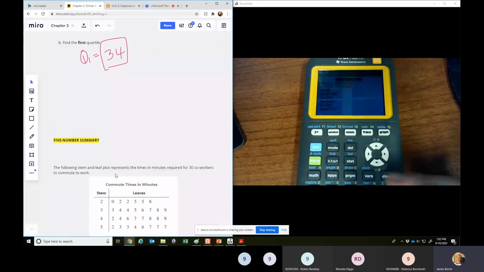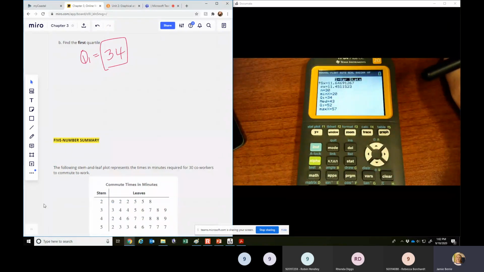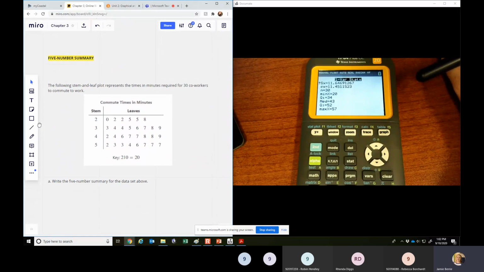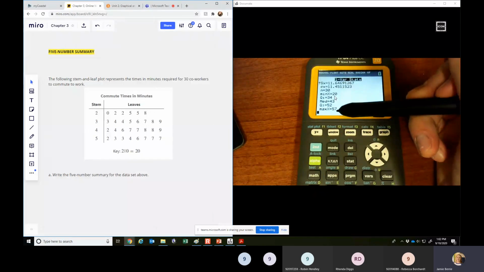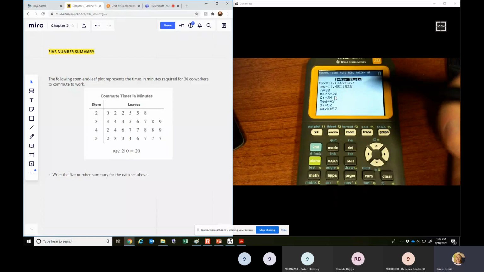All right, now while we have this screen up, I want to talk about the 5-number summary. The 5-number summary is going to be given, it's the last 5 numbers on your 1var stats. All right, so this is the data set we just typed in. And look at our last 5 numbers. Here's the first, second, third, fourth, fifth. So those last 5 numbers from here to here, that's our 5-number summary.